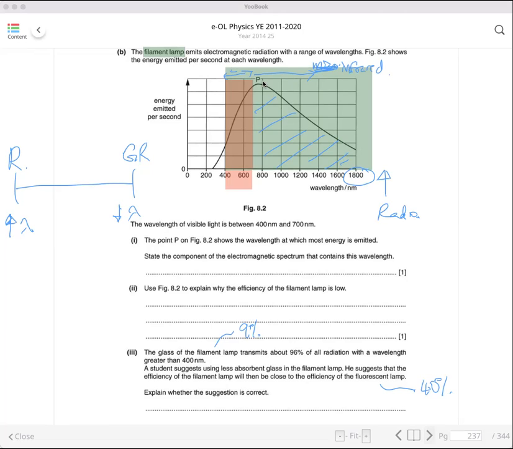Okay, so if I were to use a less absorbent glass, it doesn't make it more efficient. The 9% down here will not become 40%. Is that clear?